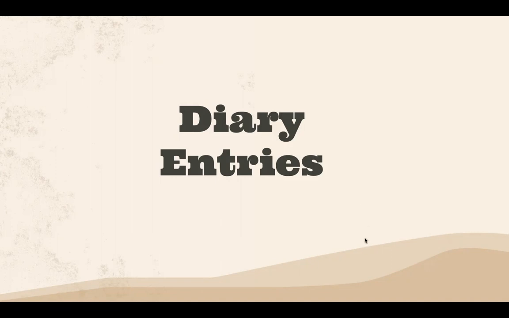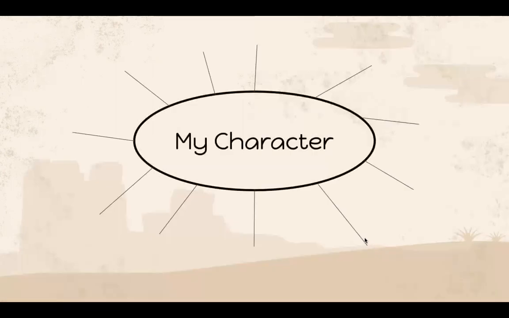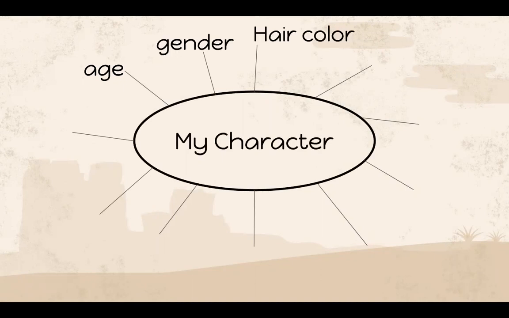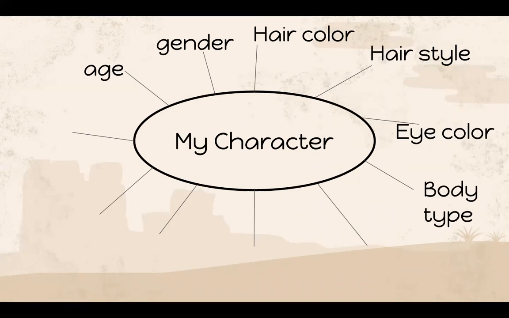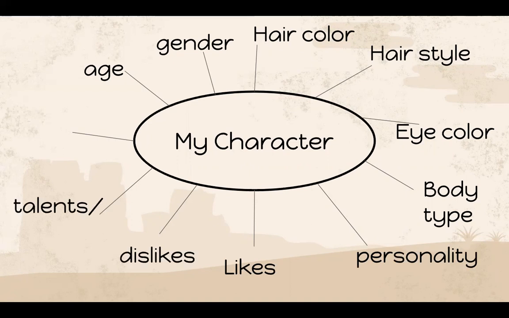And yesterday, you began brainstorming parts about your character. So you were thinking about their age, their gender, hair color, hairstyle, eye color, body type, personality, their likes, their dislikes, their talents and hobbies, along with what their family is like.